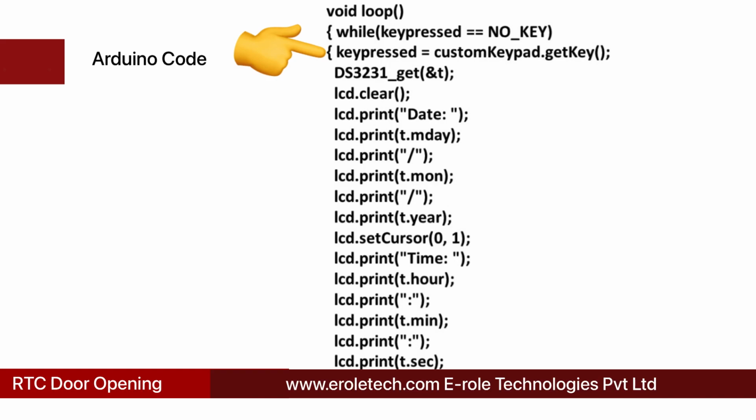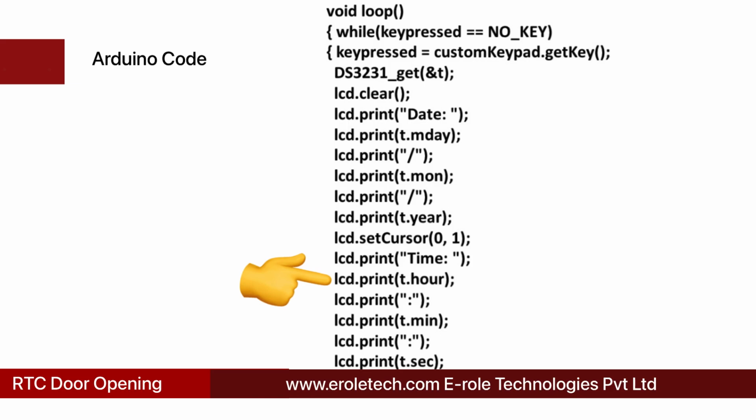The function customKeypad.getKey will sense if any key is pressed or not, and save the key value in the variable keyPressed. DS3231 getTime is used to fetch the values of time and date from the RTC. lcd.print(mday) will display the day of month on the LCD screen. lcd.print(mon) will display the month, and lcd.print(year) will display the year on the LCD screen. lcd.setCursor(0,1) will set the LCD cursor at row 1 and column 0.